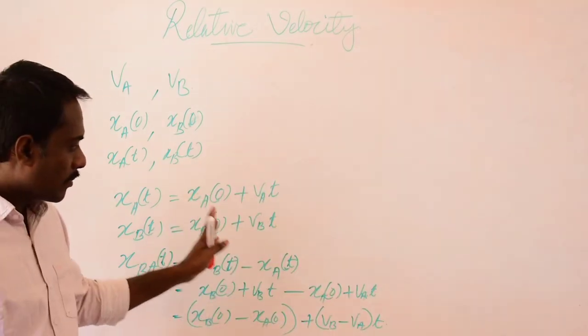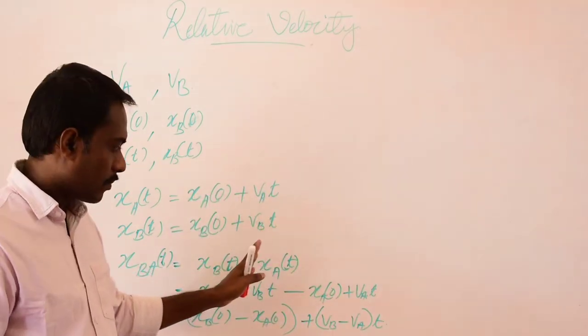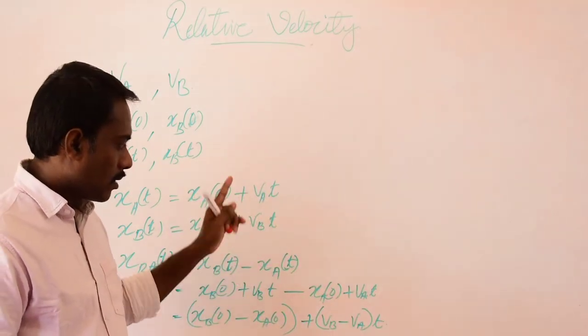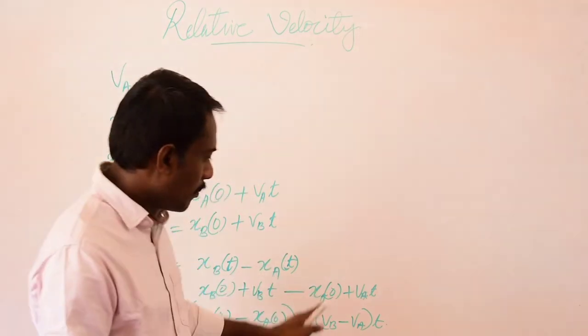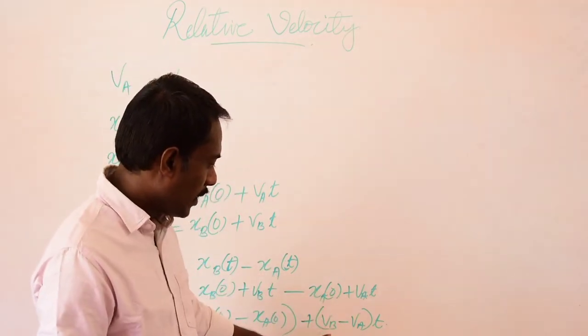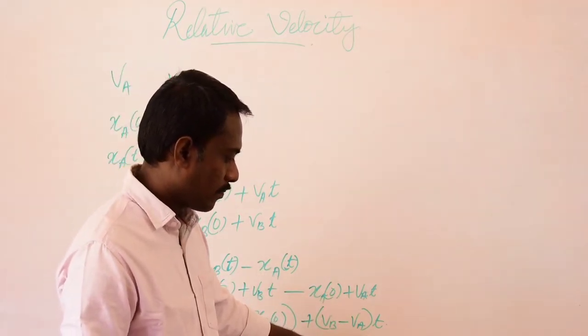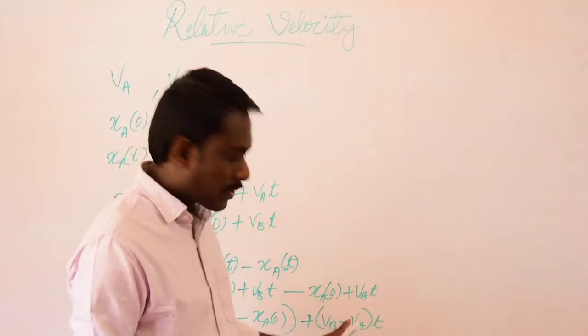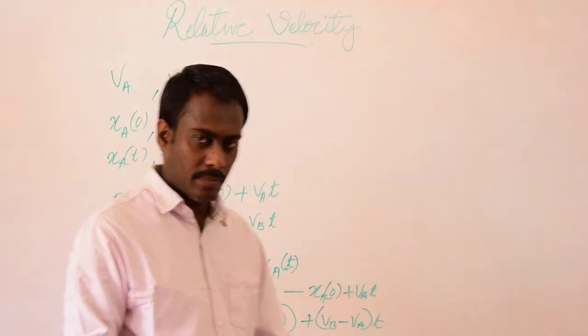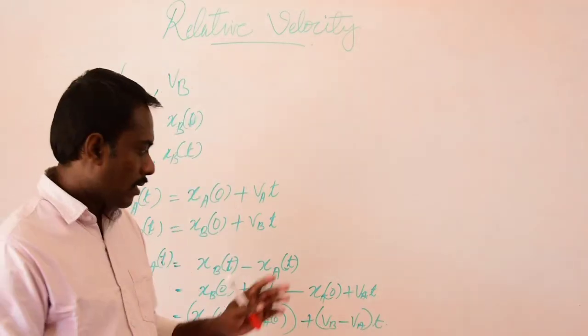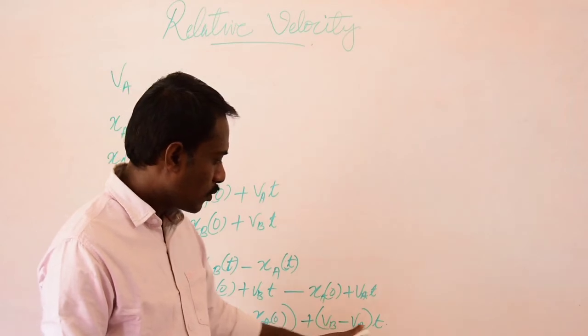As seen from vehicle A, vehicle B has a velocity vB minus vA, because the displacement from A to B changes steadily by an amount vB minus vA.